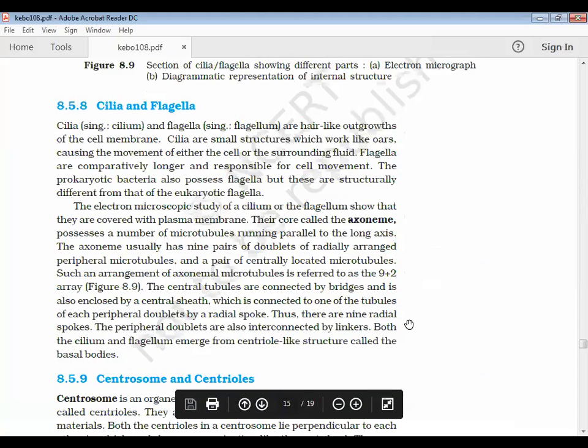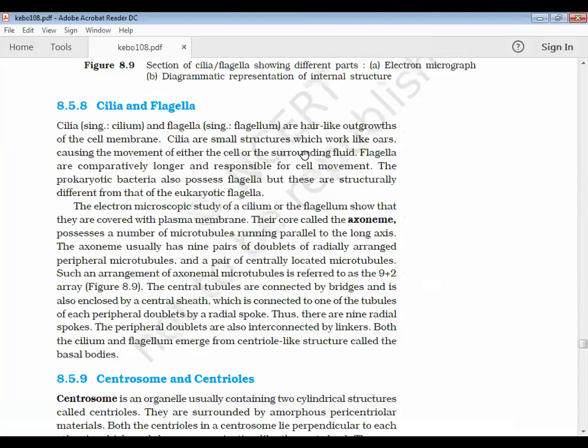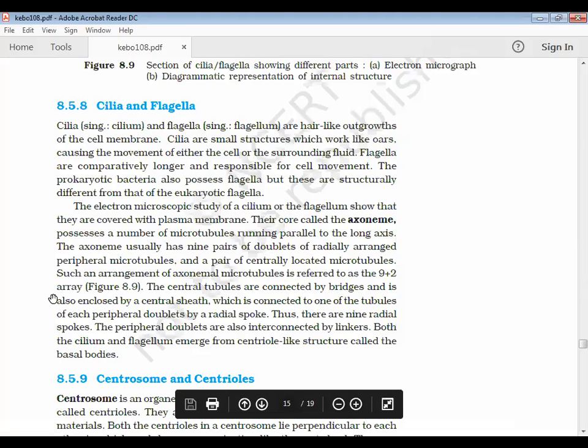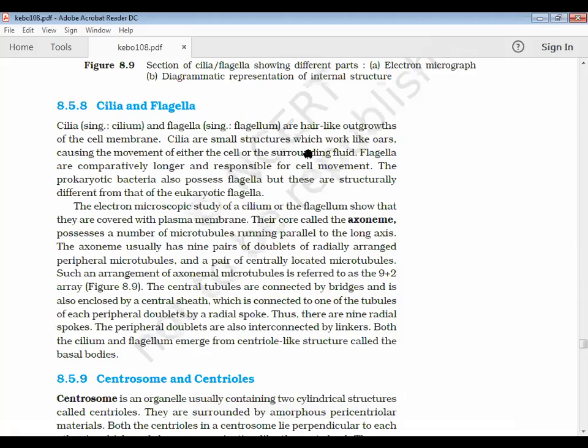Next, cilia and flagella. Cilia, singular cilium, and flagella, singular flagellum, are hair-like outgrowths of the cell membrane. Cilia are small structures which work like oars, causing the movement of either the cell or the surrounding fluid.